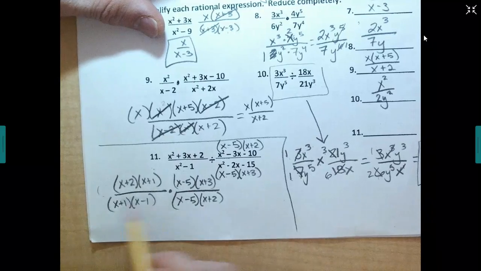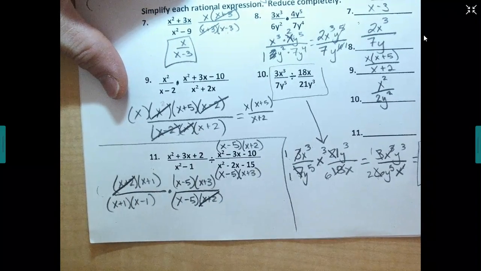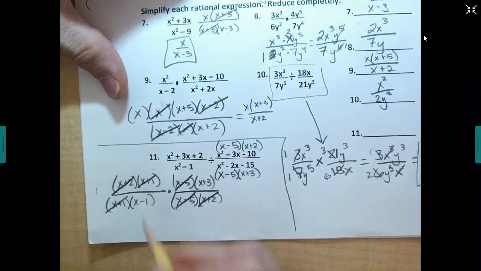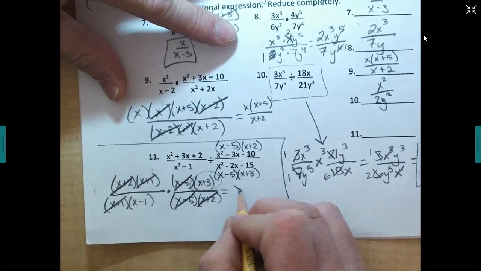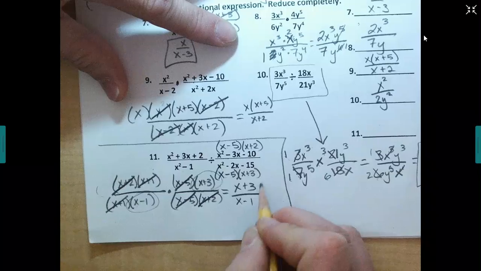And now I can look and see if there's anything the same. There's x plus 2, x plus 2, x minus 5, x minus 5, x plus 1, x plus 1. So I'm left with x plus 3 over x minus 1.